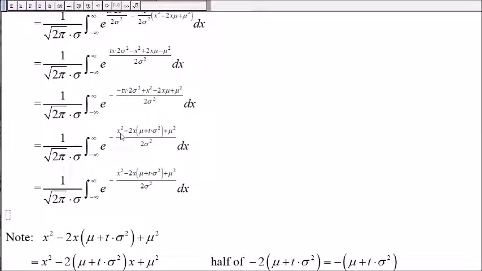It'd be x squared, and then this term and this term, the common factor is minus 2x. So it'll be minus 2x times (mu plus t sigma squared), and then plus mu squared.